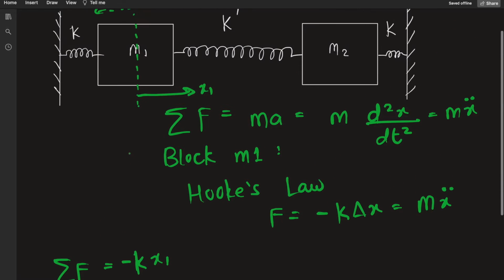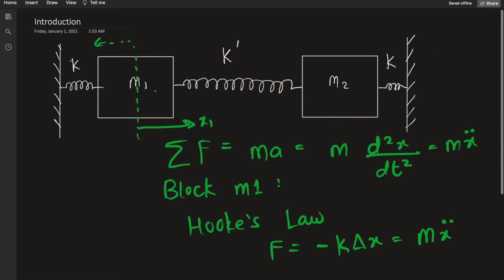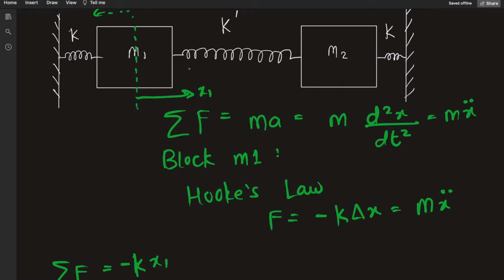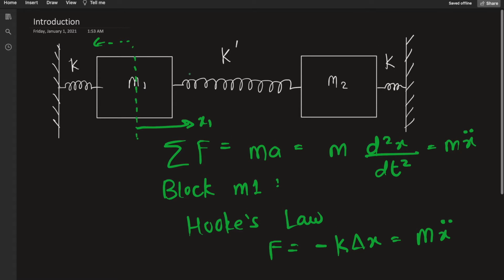Fine, and then the restoring force by the second spring. Now the intermediate spring is a little bit tricky, because we also have to take into consideration the amount of displacement that this block m2 has from its rest position. Because think about it this way, if x1 and x2 are equal, then there is no compression or extension of this intermediate spring.